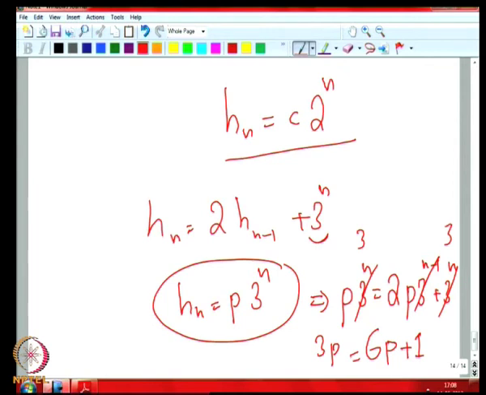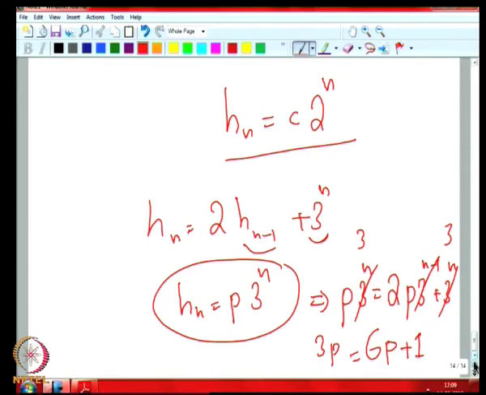So we put hn equal to p into 3 raised to n, so 2 into p into 3 raised to n minus 1 we put, because only hn minus 1 we consider, and this is 3 raised to n. Of course, we can cancel off 3 raised to n from everywhere.